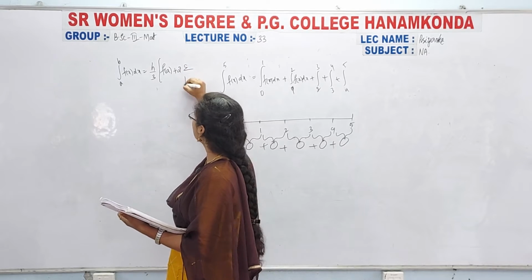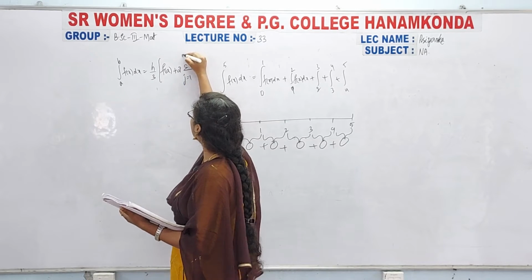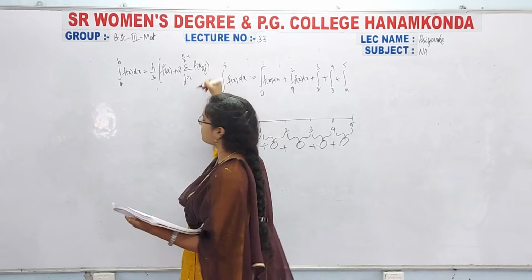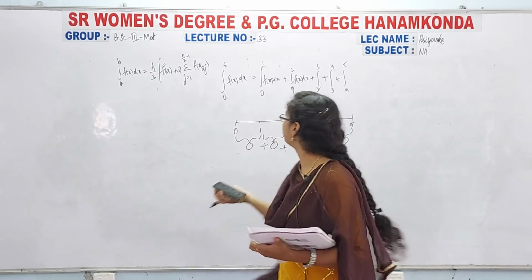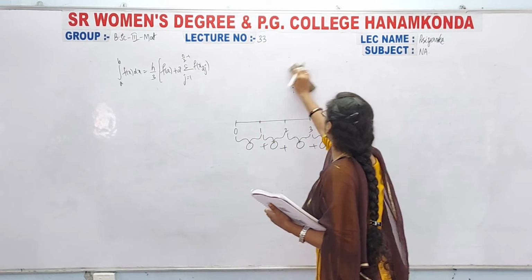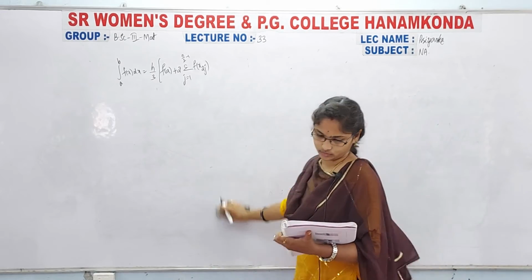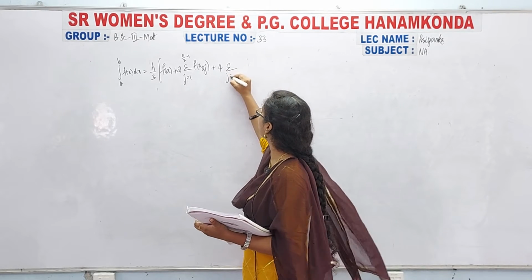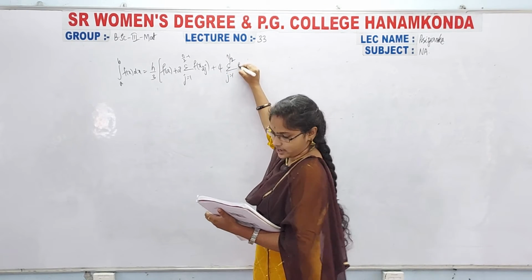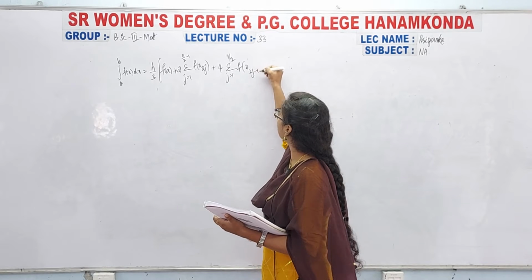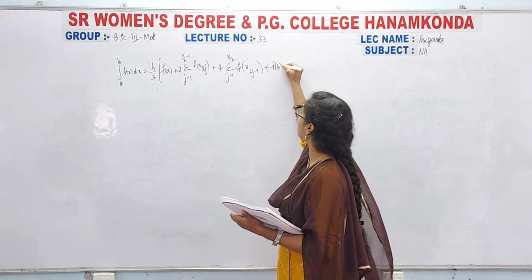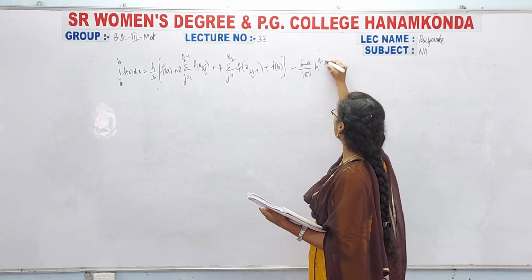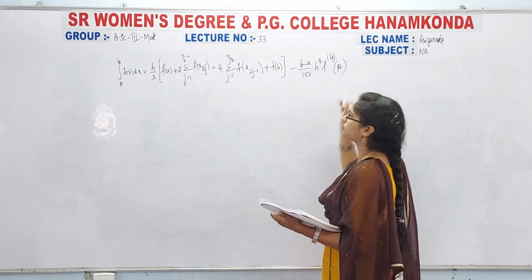into summation j equal to 1 to n by 2 minus 1 f of x2j. Even terms we will get here. Plus 4 of summation j equal to 1 to n by 2 f of x2j minus 1 plus f of b, minus b minus a by 180 into h power 4 fourth derivative of some mu.